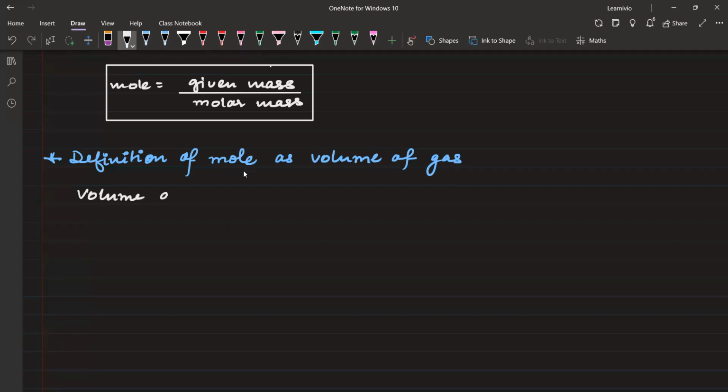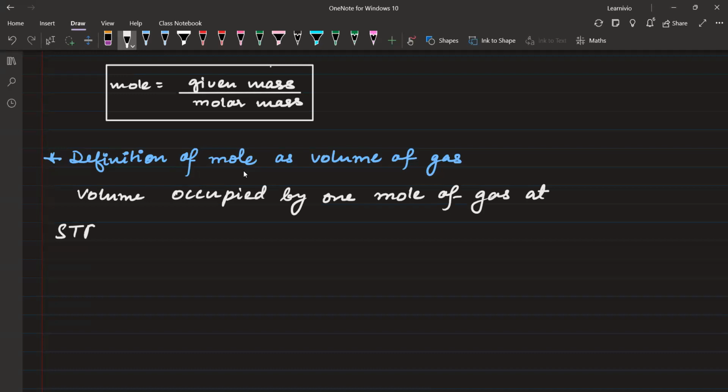Volume occupied by 1 mole of gas at STP. What is STP?